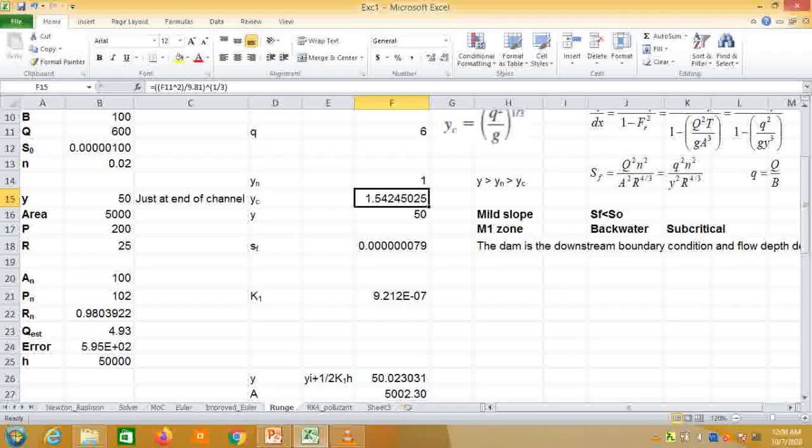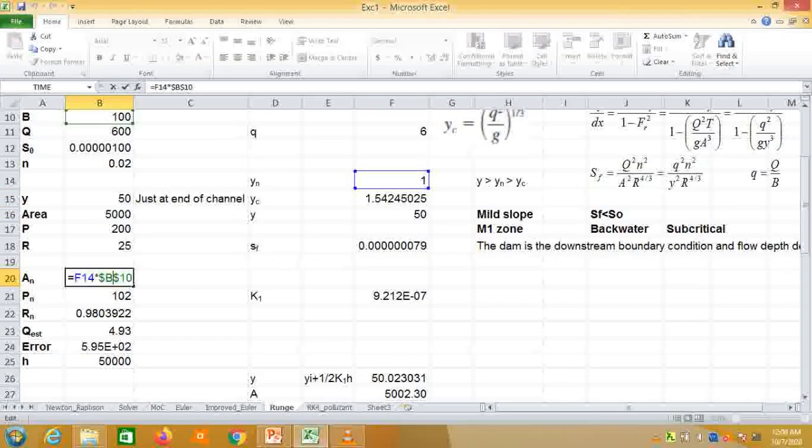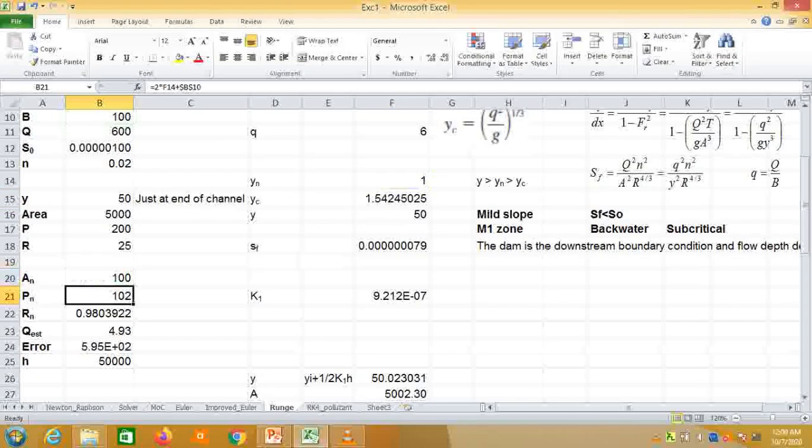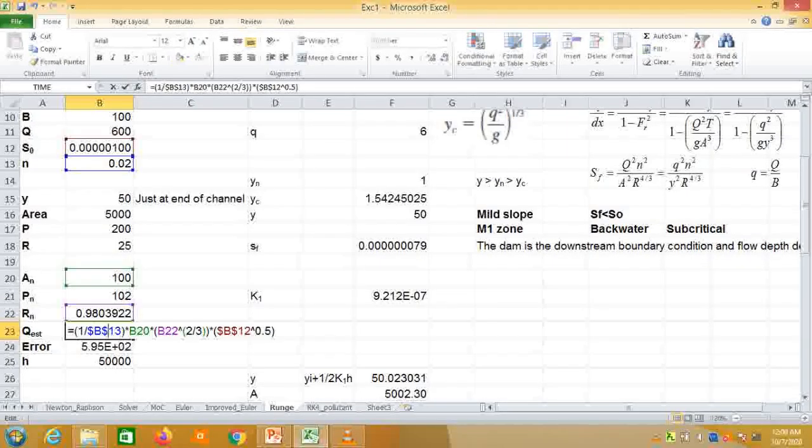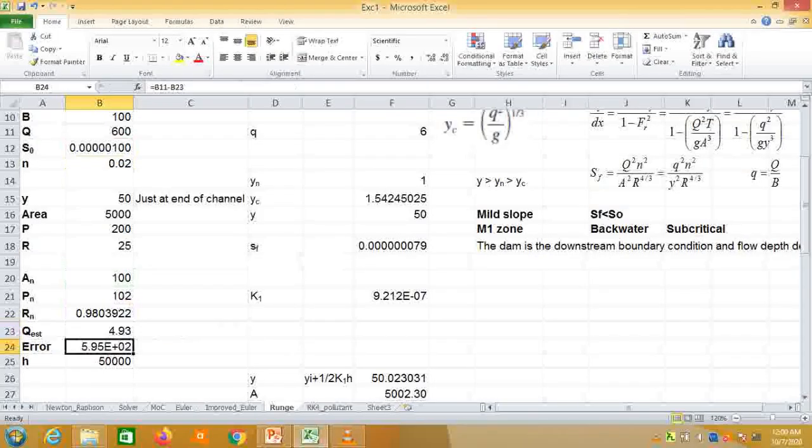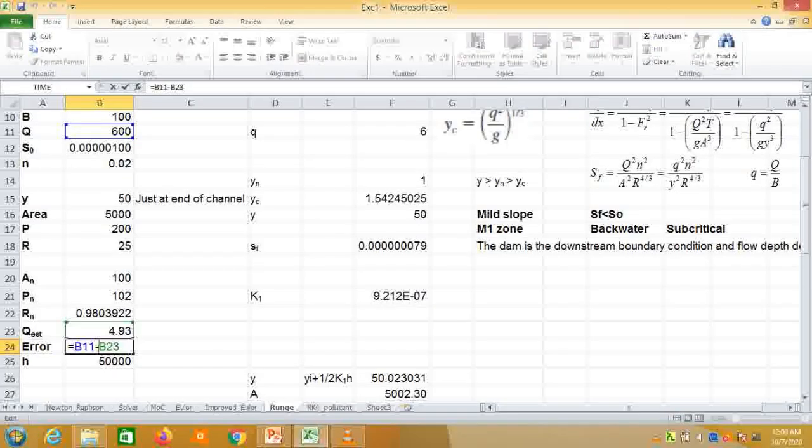And this is going to be the perimeter, which is twice the depth plus the width. And then the area over the perimeter is the hydraulic radius. And then you have the estimated discharge using Manning's equation. And then that's the error between what's estimated using Manning's equation and what it is supposed to carry. So that's the error.